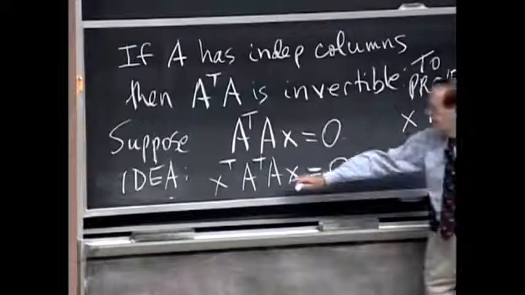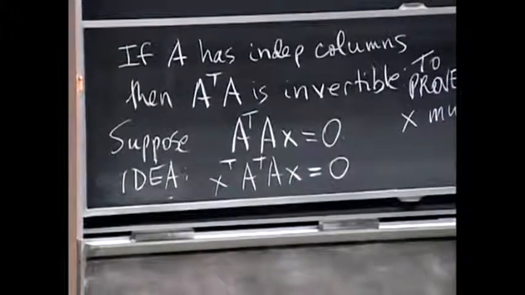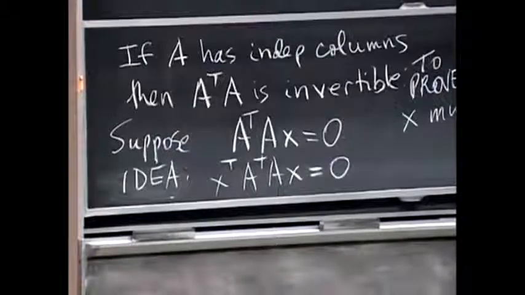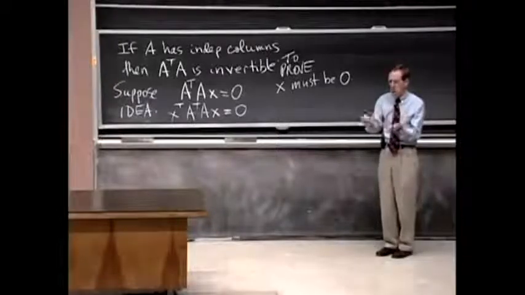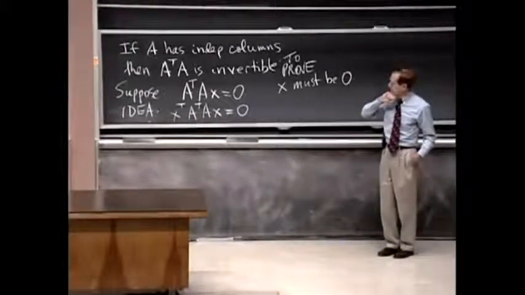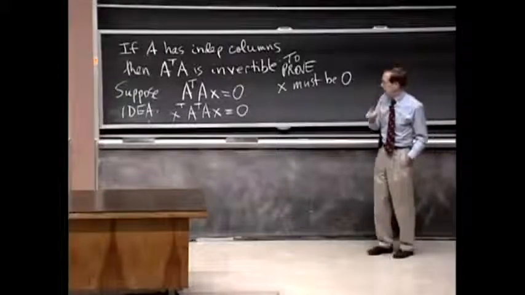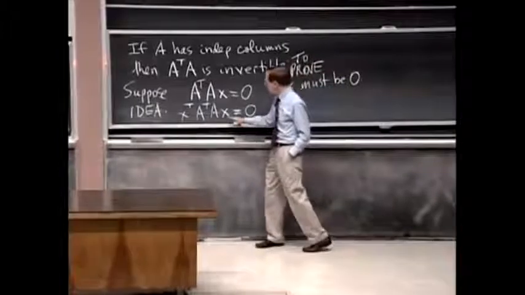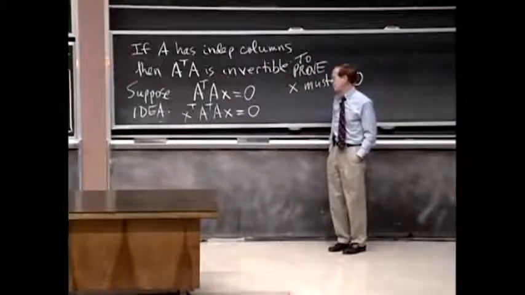Now, I got to that equation, X transpose A transpose A X equals 0, and I'm hoping you can see the right way to look at that equation. What can I conclude from it?